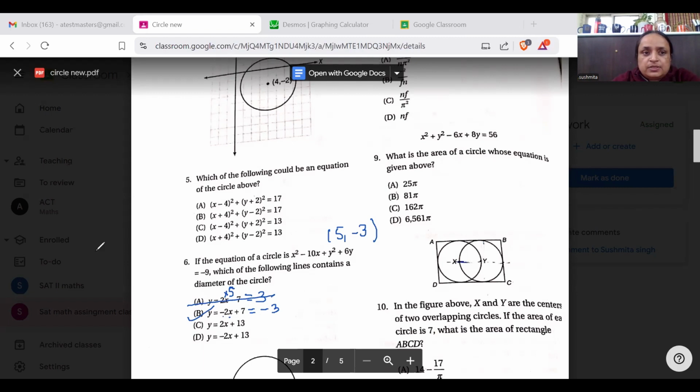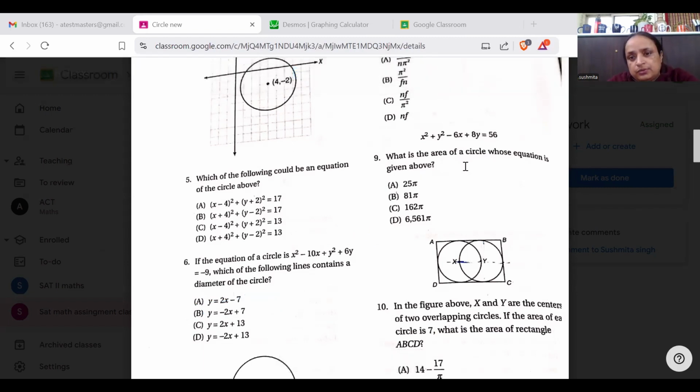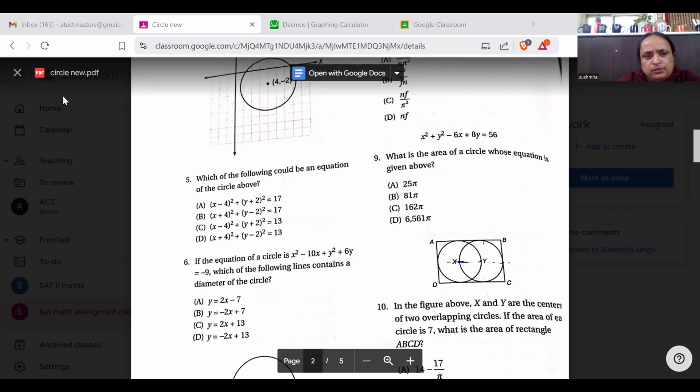Now, similarly, you could see question number 9. They're asking what is the area of the circle. Not to worry, we just put it in Desmos: x squared plus y squared minus 6x plus 8y equals 56.